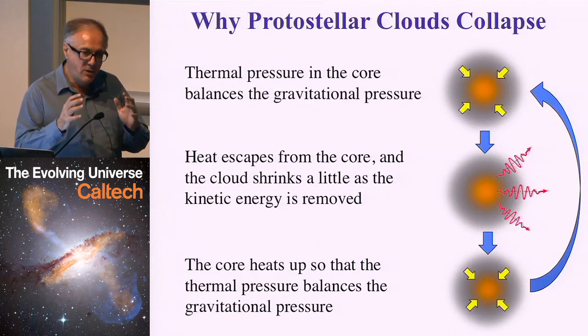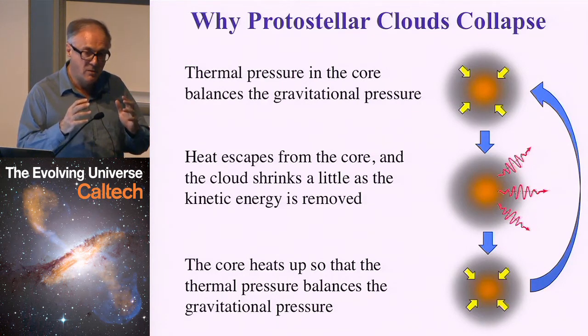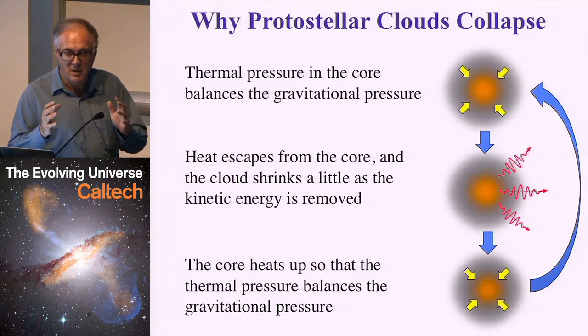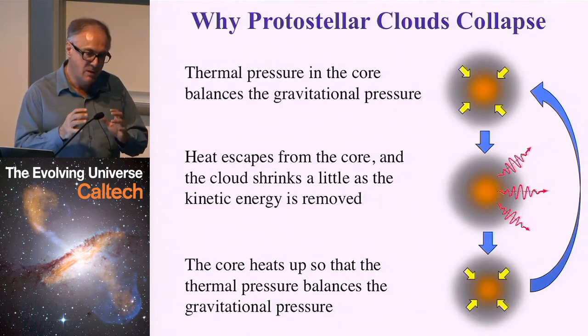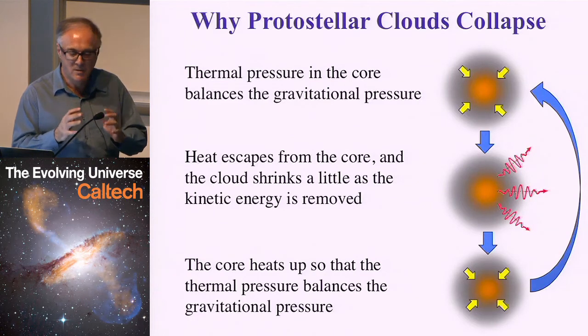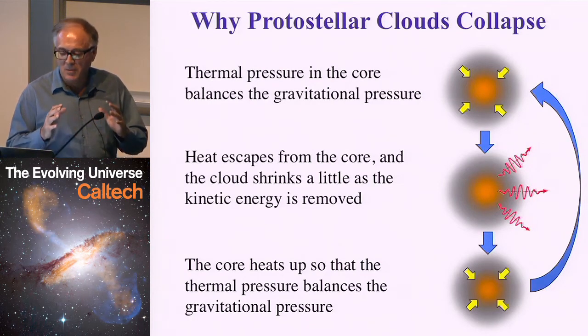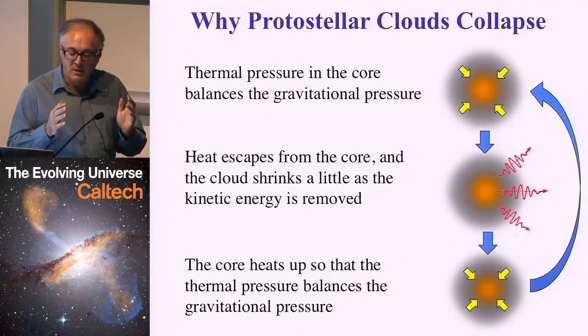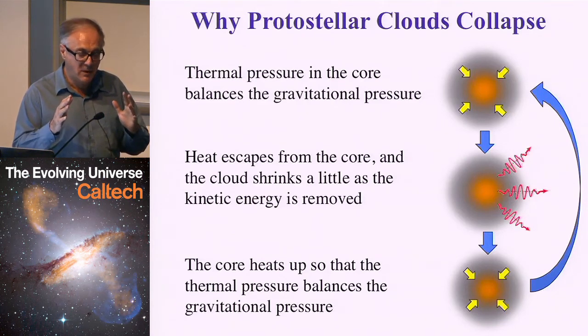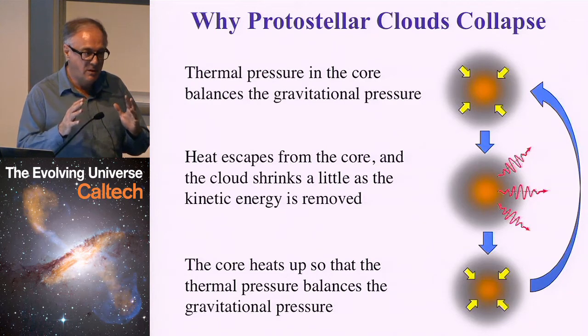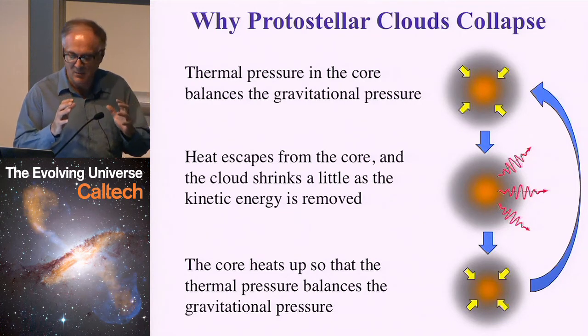That means the thermal kinetic energy of molecules has to balance the gravitational potential energy. And this will generally be the case. It will be highest in the middle, because that's where the bottom of the potential well is. So the cloud, or star for that matter, would be in a hydrostatic equilibrium if you have an exact match between the thermal pressure of the material and the gravitational pressure that pulls it down.